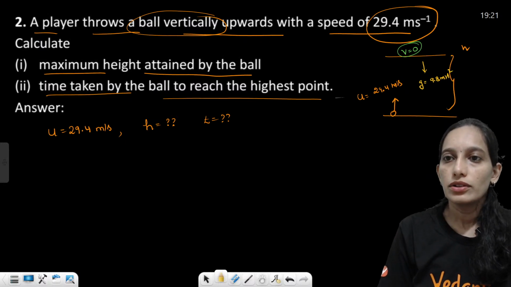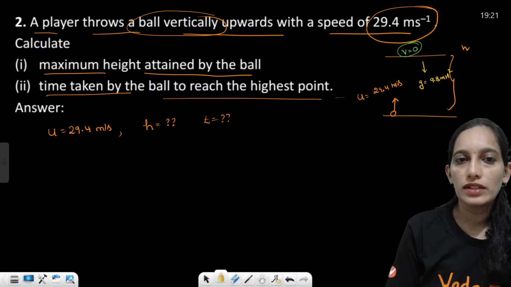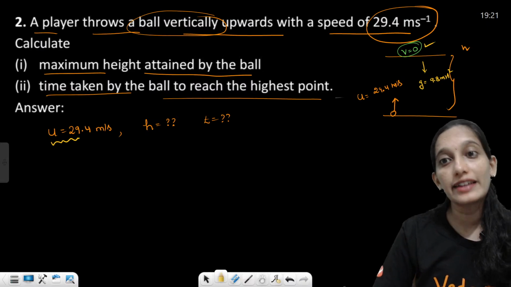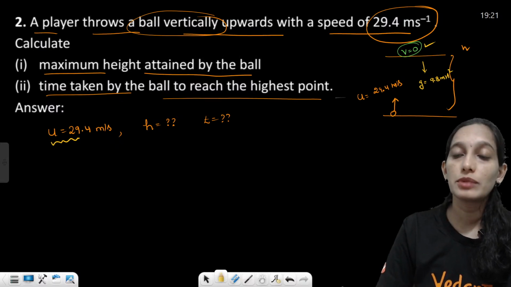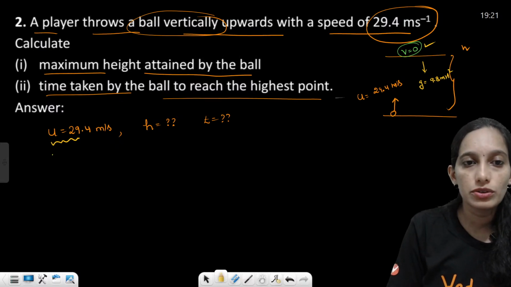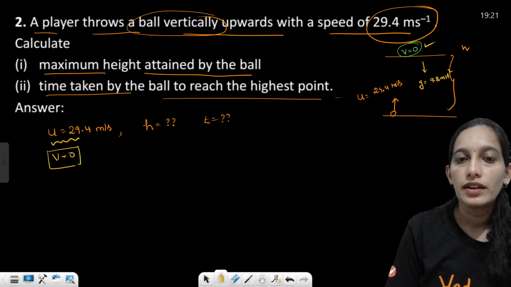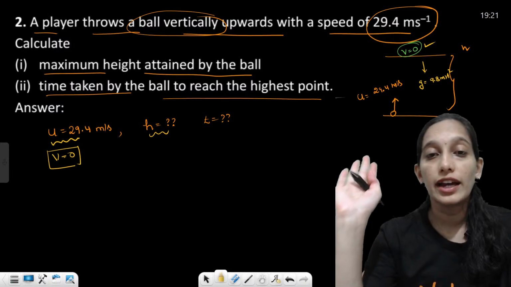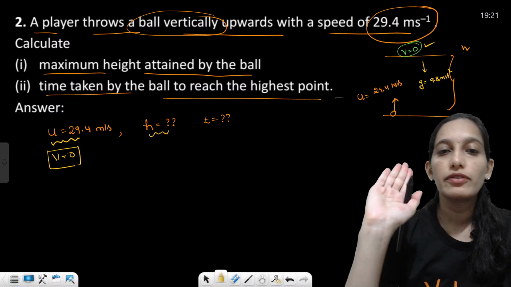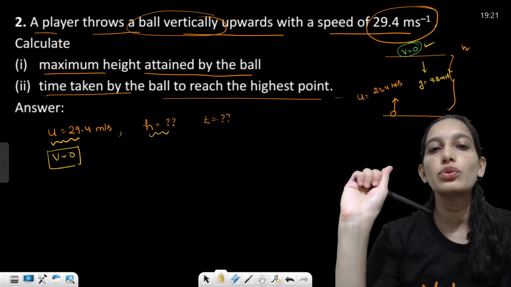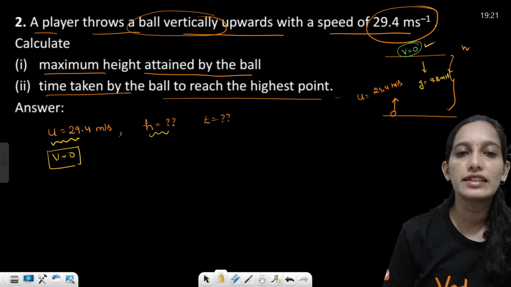So first, I know the initial velocity. The final velocity I know indirectly, because at maximum height the final velocity is 0. So I can say v is equal to 0. Now I want h. Time right now I don't know. So if I want to find h, I should use the relation between v, u, h, and also the acceleration due to gravity.